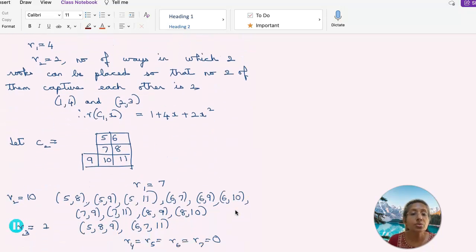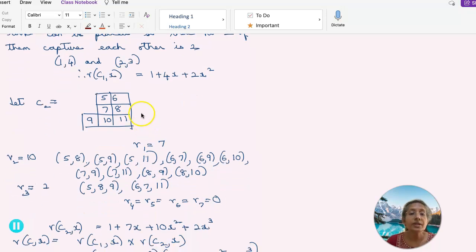What about C2? Here R1 is 7. There are 7 blocks, and the number of ways in which two rooks can be arranged so that no two of them capture each other is 10. You have 5, 8, 5, 9, then 5, 11, 6, 7, 6, 9, 6, 10, 7, 9, 7, 11, 8, 9 and 8, 10.